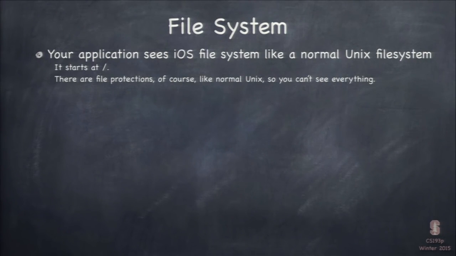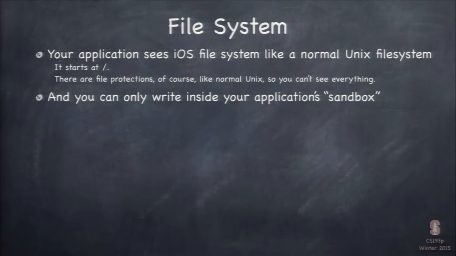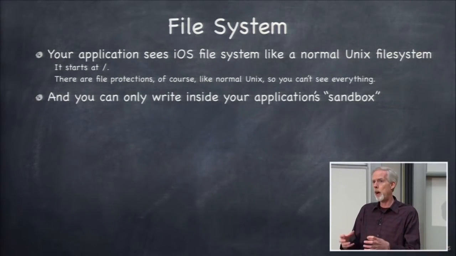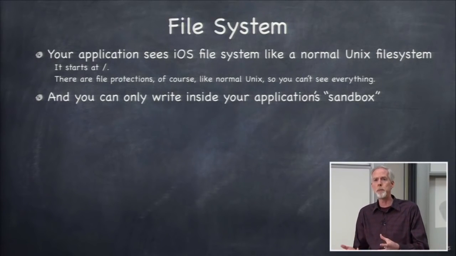So you see this file system. It starts at root. It's a protected file system, though, so you can't see most of the stuff that's in root or any of the system directories. It's just not readable by you. There is a part of the Unix file system that is your application's own. It's called its sandbox. This is the only place you can write.